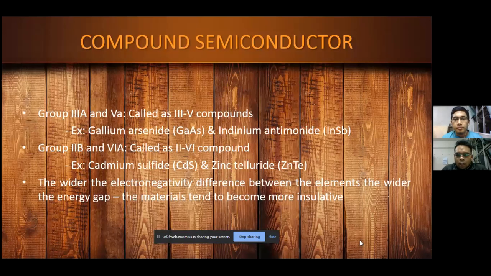In addition, there is the compound semiconductor. Compound semiconductor materials also display intrinsic behavior.